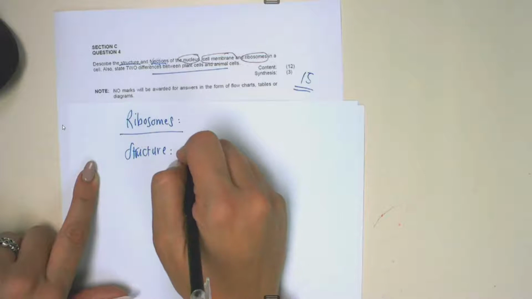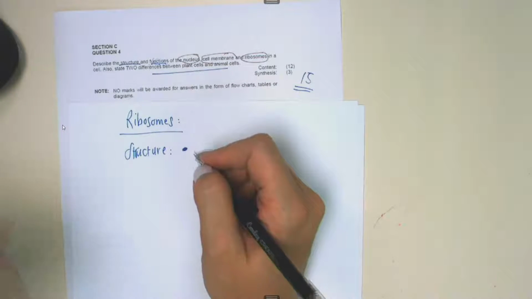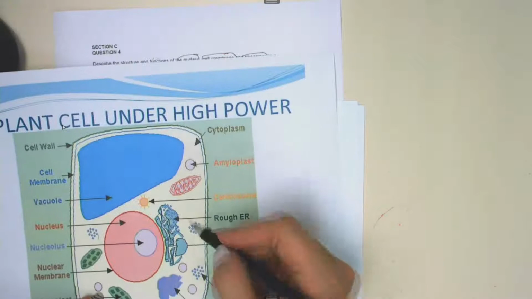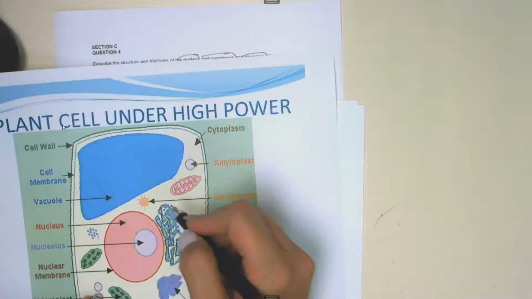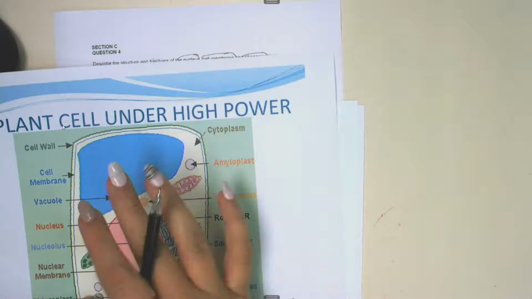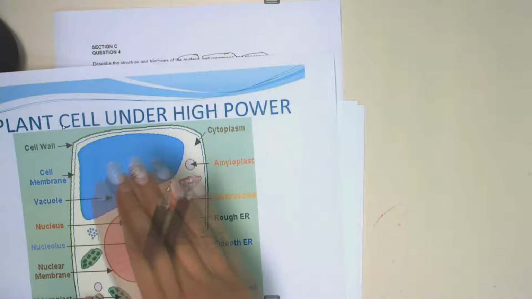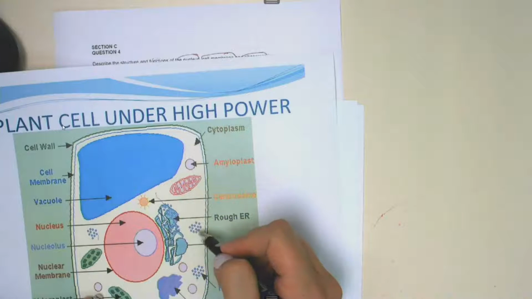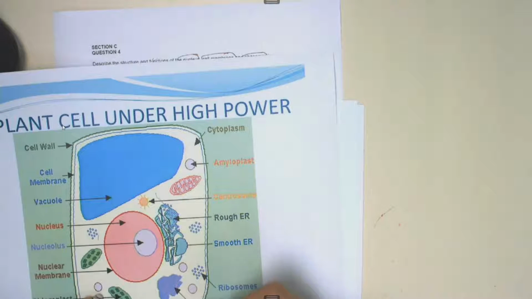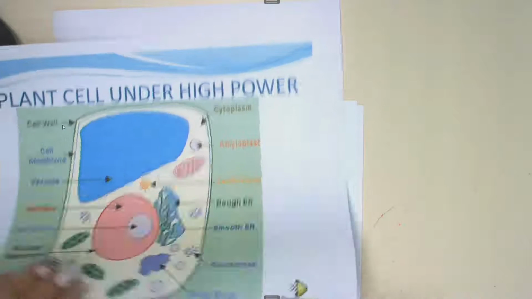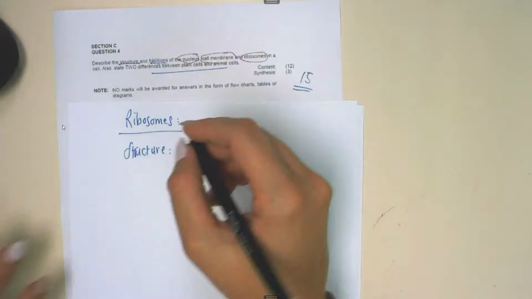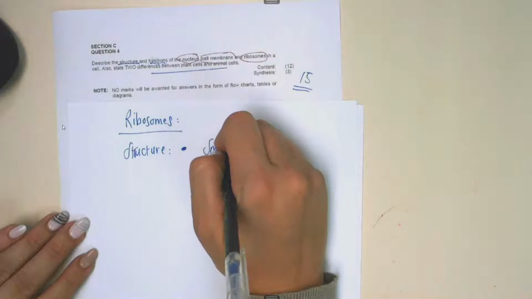And what is our structure for the ribosomes? Remember, when you look at the ribosomes, they are extremely small. Remember the cell is already small and microscopically small. So then you can imagine how small these ribosomes in your cell are. So your first structure is they are small and dense.